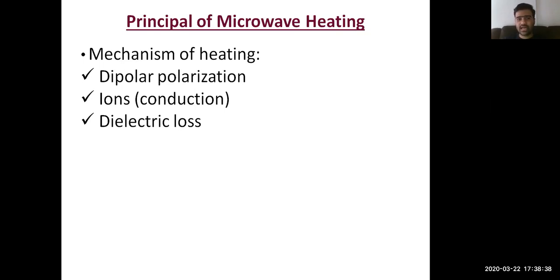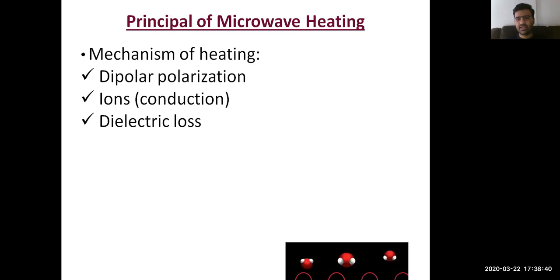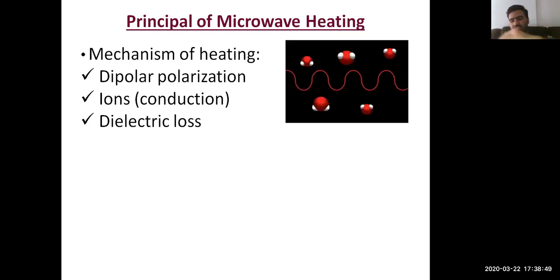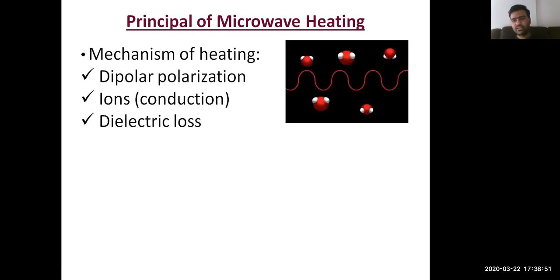Okay, so this dipolar polarization can be represented by a GIF like this. What this animation is trying to tell you is, as the electromagnetic radiation travels through the medium, it will induce rotational energy changes in the polar molecule.